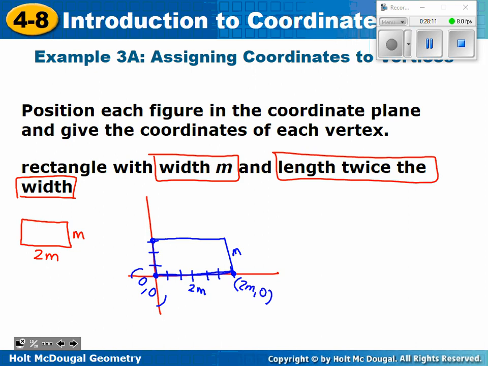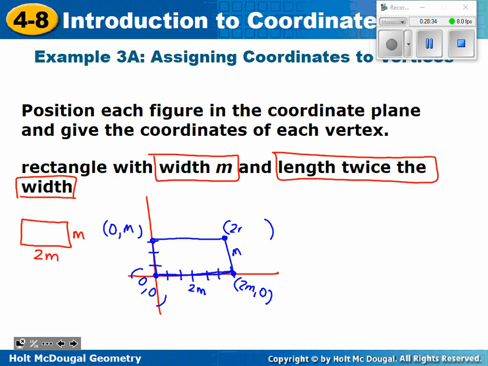Not 6 and 3. What are we going to label the point up here on the y-axis? Exactly. We went left or right 0, and we went up m units. Again, everybody's picture may look different, but their vertex coordinates should be the same. What is the coordinate going to be for the final vertex point here? Very good.